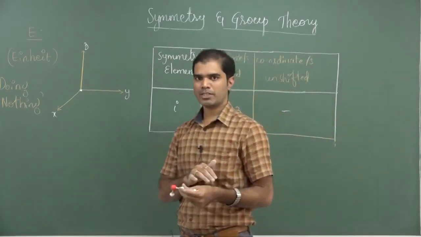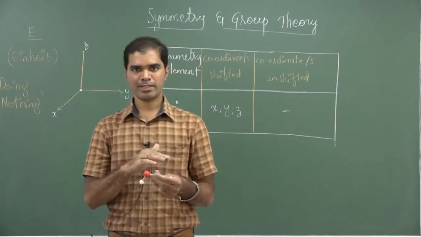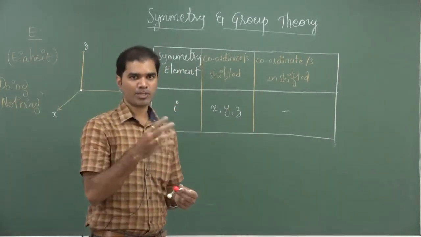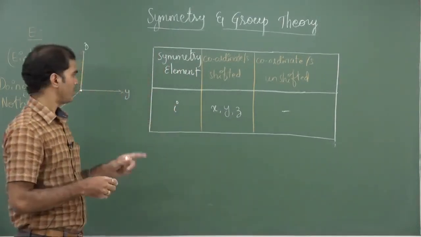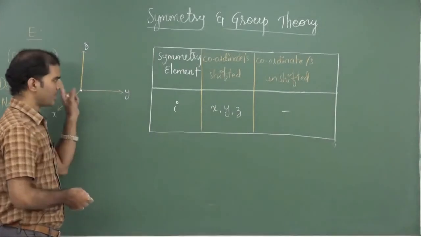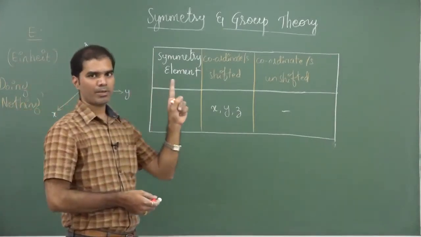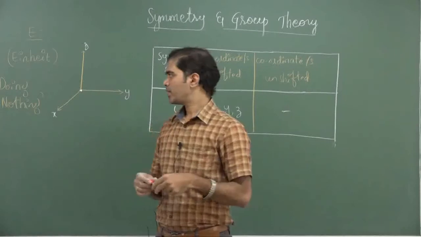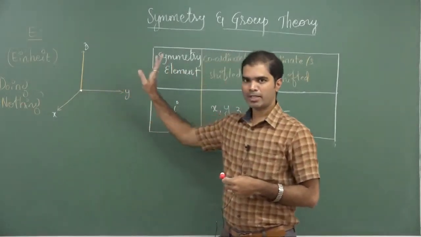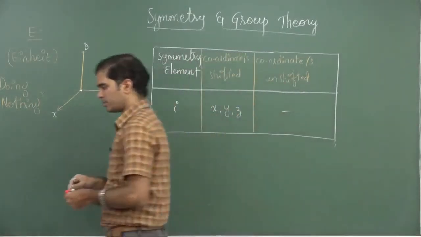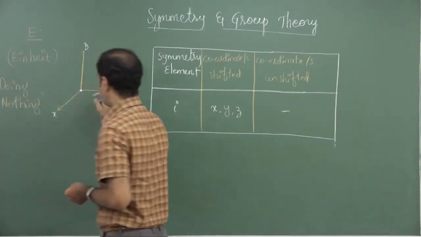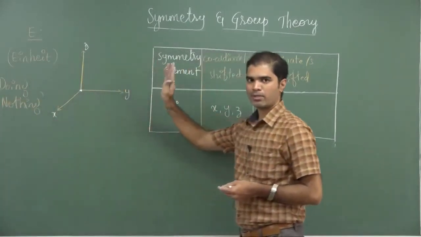If it is an inversion, perform an even number of inversions. Then it is called a complete operation. So if you are doing nothing, you can generate the identity element, or by doing a complete operation you can generate the identity element. But either way, all the coordinates will be intact. The coordinates will not exchange.